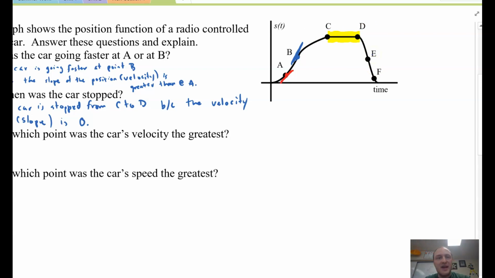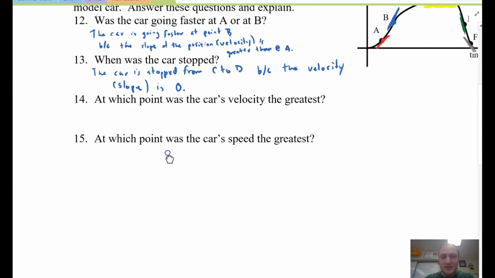However, they're in the negative direction. So here's E, that's really steep, and then at F, we start to tail off there. So if I'm just looking for velocity, that's got to be positive. It's only A or B, and we already said point B is bigger.